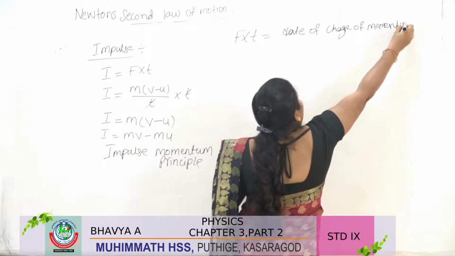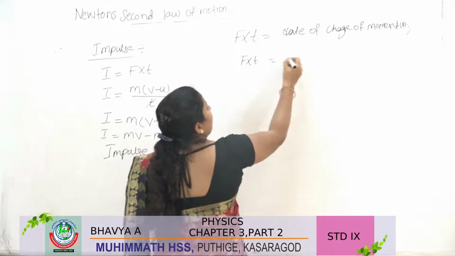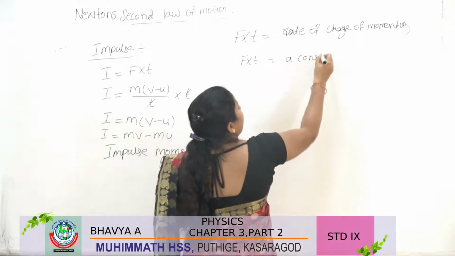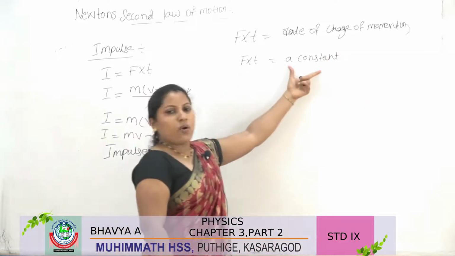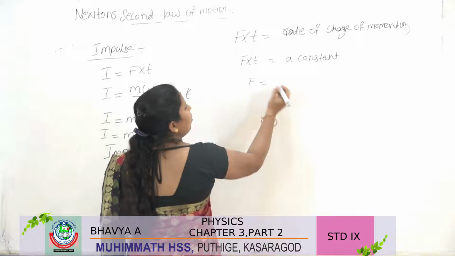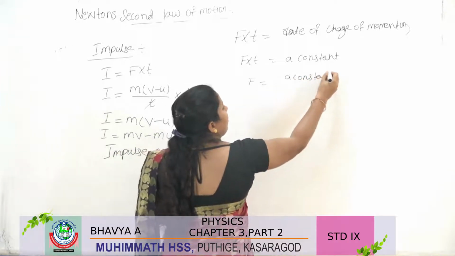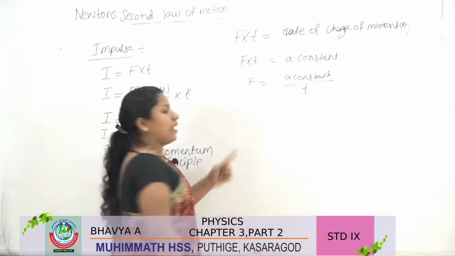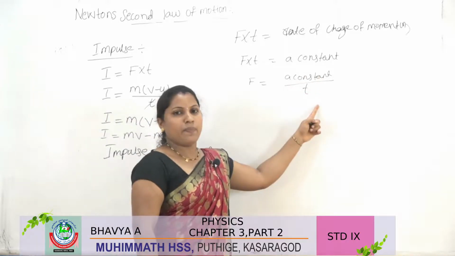So F is equal to a constant divided by time.